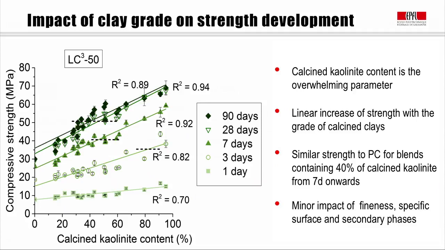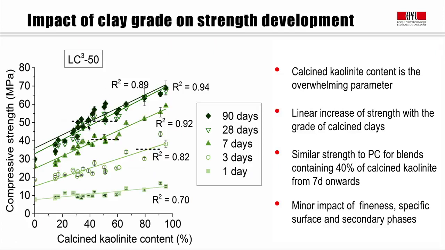And in addition to this strong correlation with the calcined kaolinite content, we've indicated here by this dotted line the reference strength of the plain Portland cement. So you can see that at 3 days, if you have a kaolinite content of over 80%, you can meet the same strength as your ordinary Portland cement.